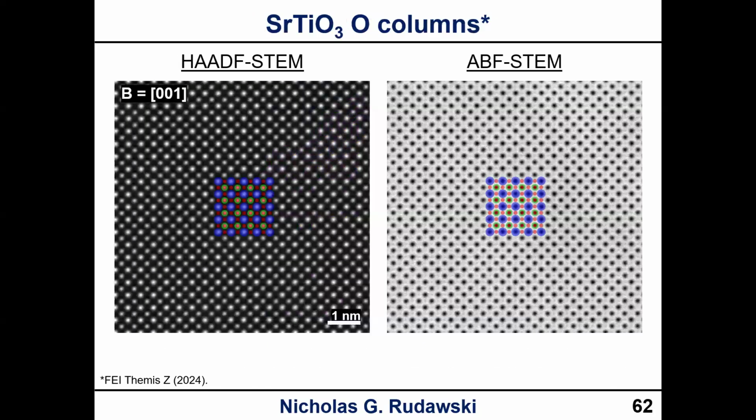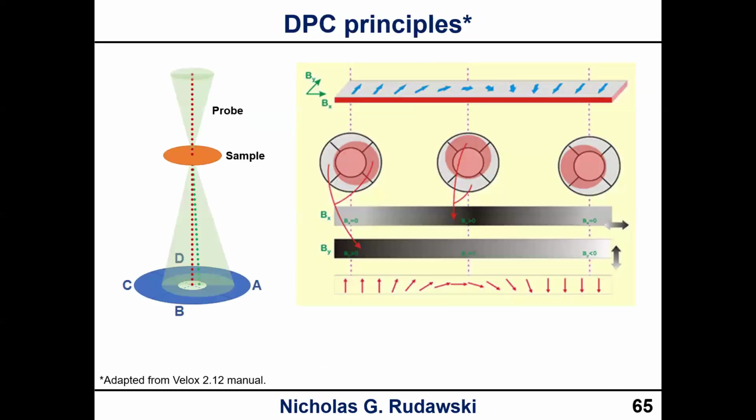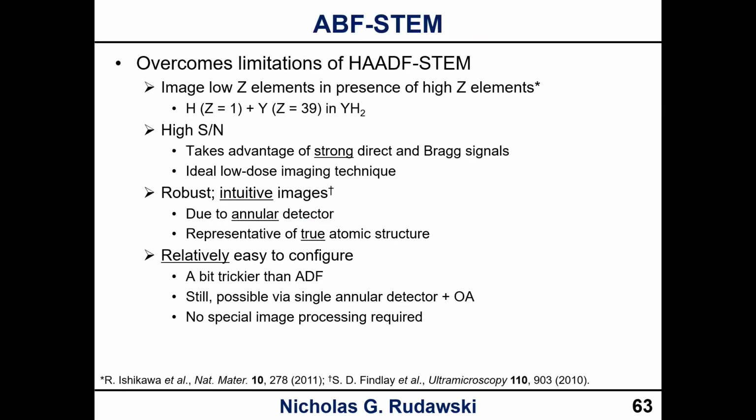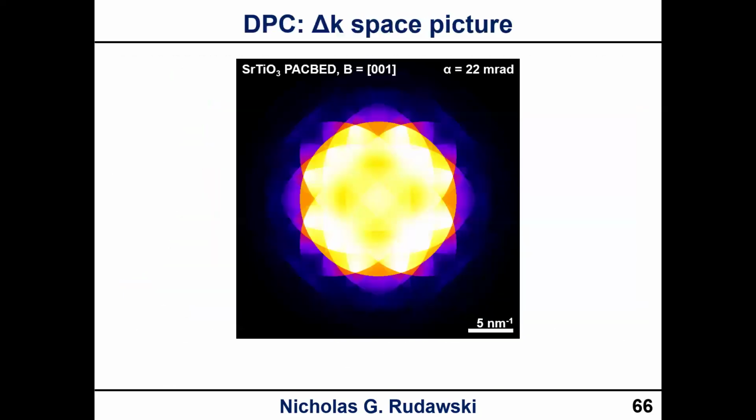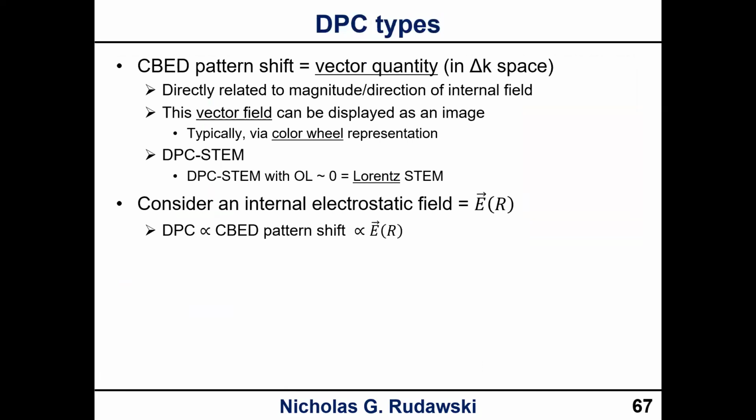But yes, the idea is that Lorentz mode is simply a type of DPC where we have turned the objective lens off. Okay, so that's the only difference between Lorentz mode and DPC regular, right? DPC regular would be where the objective lens is still on. That would be usually when we're trying to do atomic resolution work.